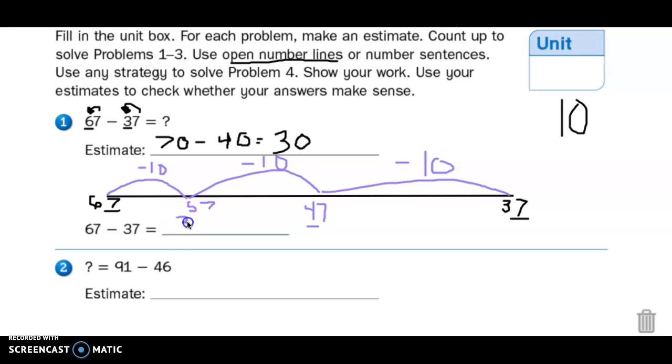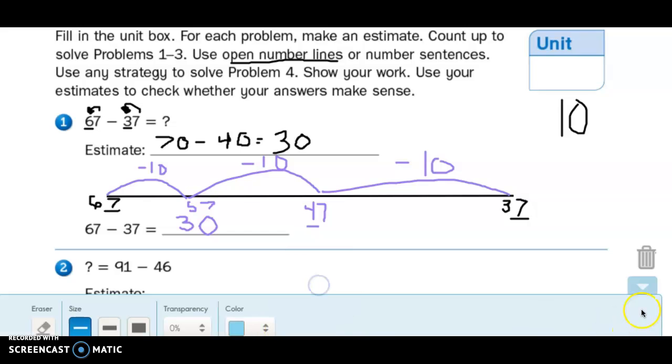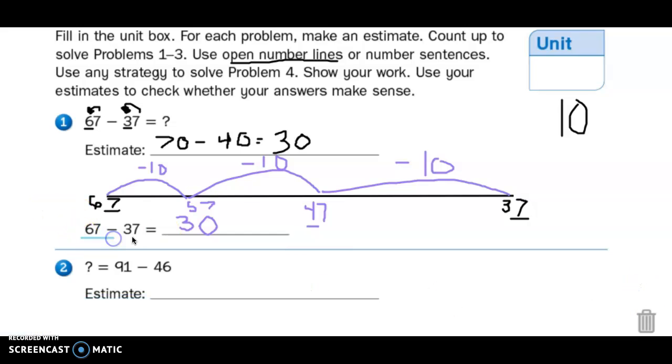My answer is 30. If I use fact families, remember fact families is using the same exact numbers. So I'm going to use 67, 37, and 30. I should get the same answer. When we use fact families, we use the same numbers, but we use the opposite sign. If this is my largest one, when I add, that's what my answer should equal.